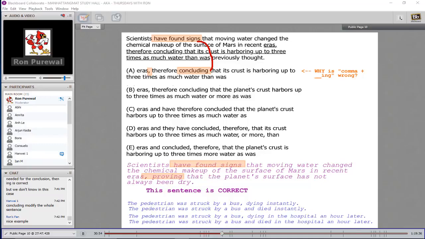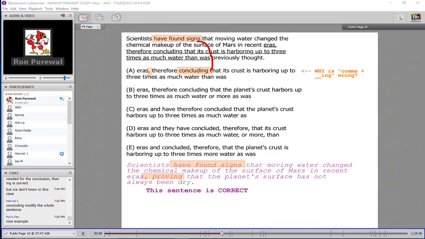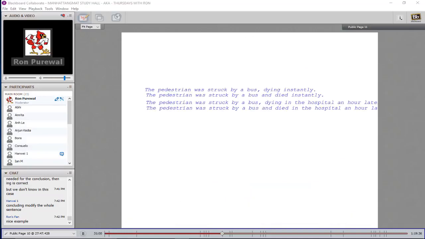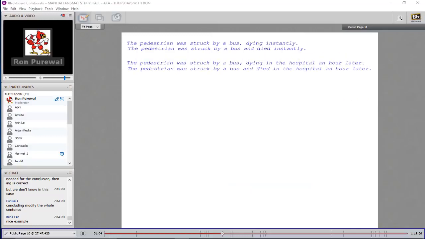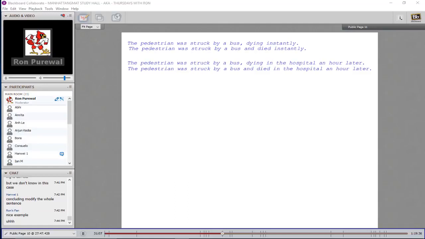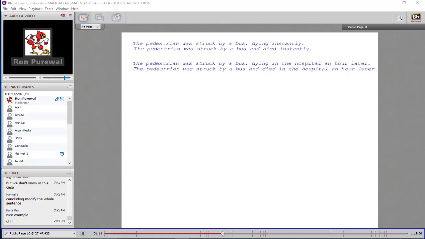In fact, let me take these to the next page and have you vote on them. Here's how we're going to do this. We're going to number these, and then you're going to vote.